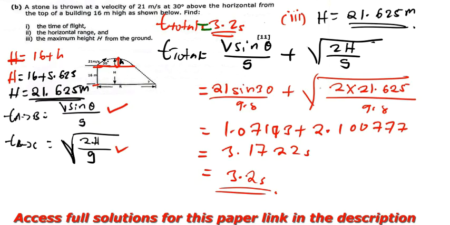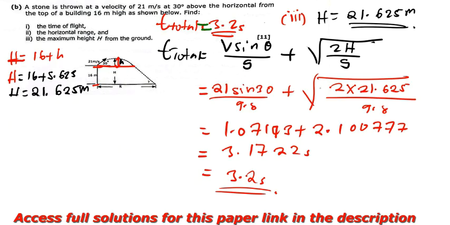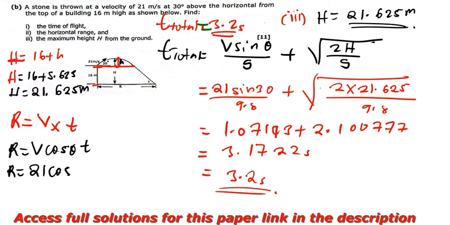Okay, so part 2 is asking us to find the horizontal range. So range is given by Vx times t. But what is Vx? Vx is always V cos theta, just like that. V cos theta times t. The time we are talking about here is the total time, which is 3.2. So we can plug in the values. V is 21, cos 30 degrees, times 3.2.